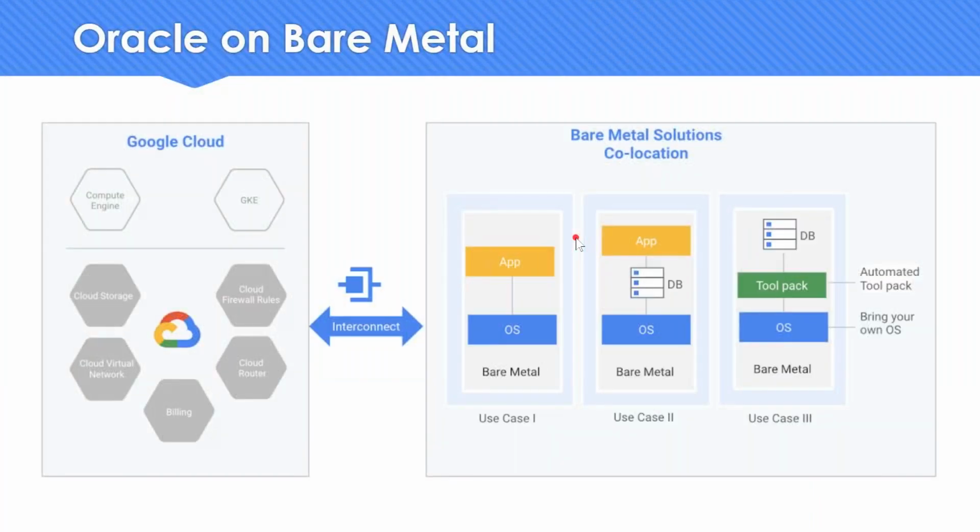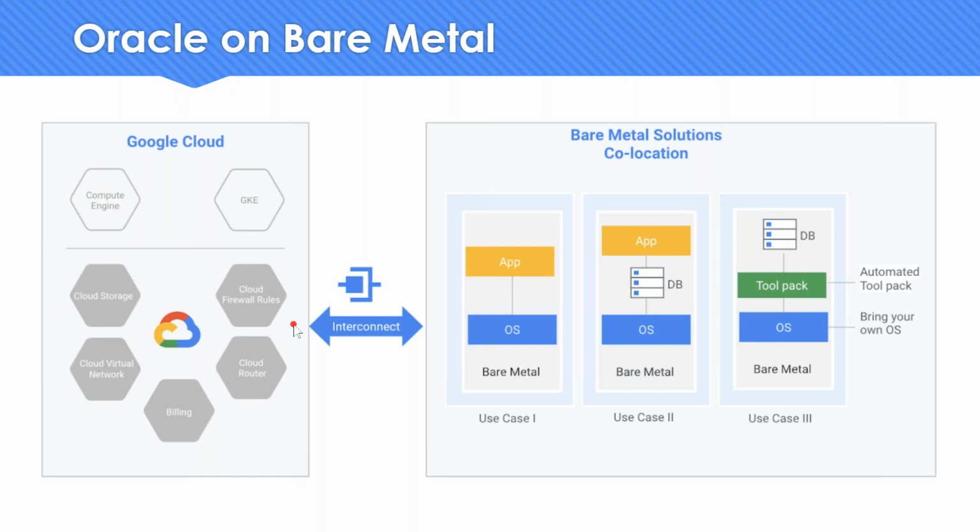The first workaround option is, if they say I want Oracle at any cost in GCP, then you can use something called Oracle on bare metal. From last year this offering started, I guess, if I'm not wrong, but there is very little information available on the internet.